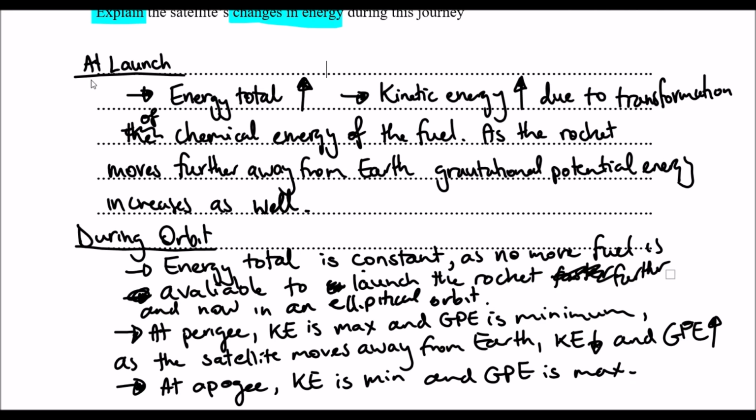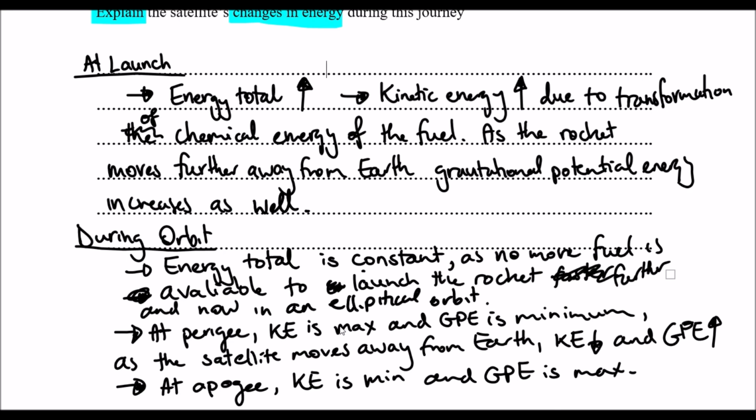So I'll just summarize really quickly. During the orbiting phase, because the total energy is constant, because there's no more fuel to launch our rocket further, we get this satellite now in an elliptical orbit. So what that means is as the kinetic energy changes, gravitational potential needs to change with it.